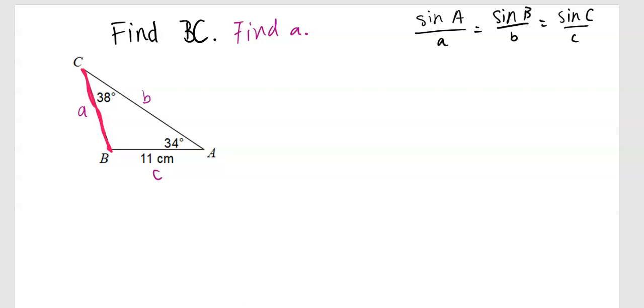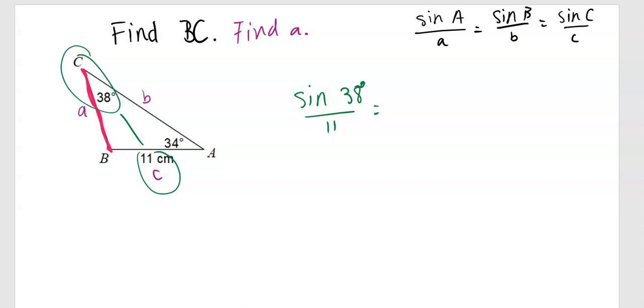Well, here's one. I have a measure for angle C and I have a value for little c. So I'm going to circle these and connect them. Those create a proportion: sine of 38 degrees over 11. Now let's find our other proportion.